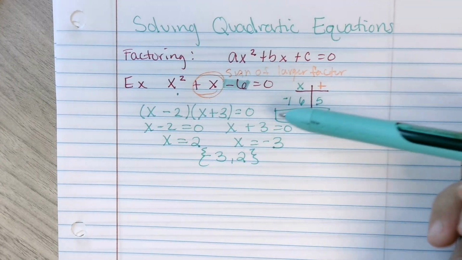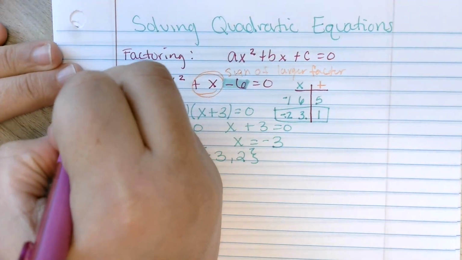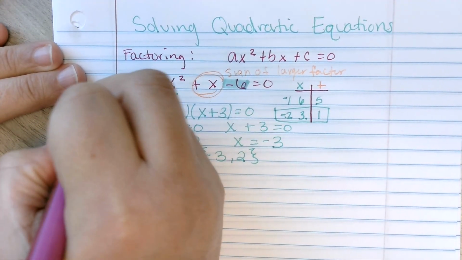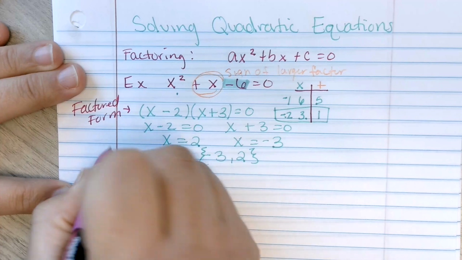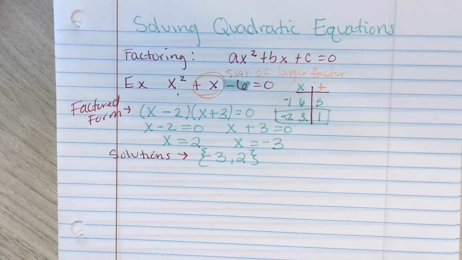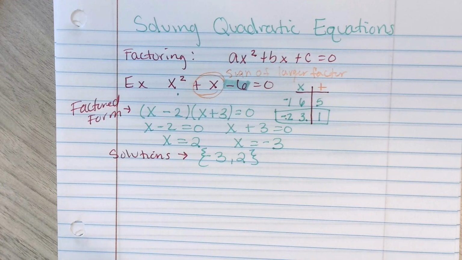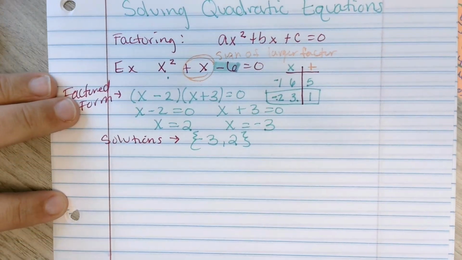So that, remember, that's the difference between factored form and solutions. They change signs. And we'll see that more in the next video. We're going to graph these and we're going to look at all of their key features.